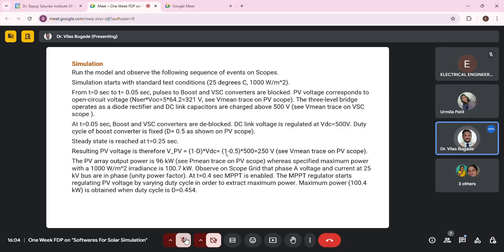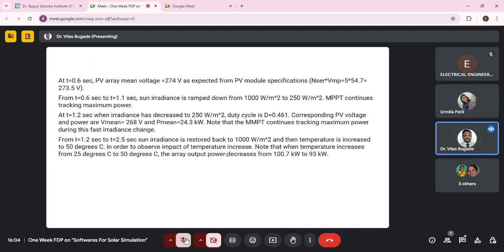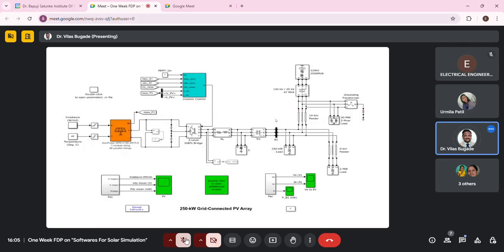Look here. Then again here it is for 1.2 second. So the duty cycle we have to set, otherwise we will not get the output accordingly.